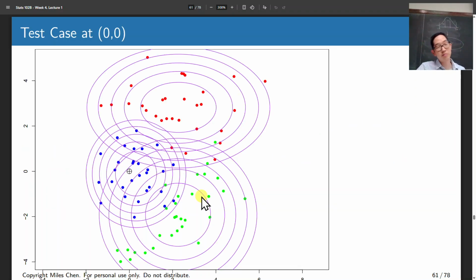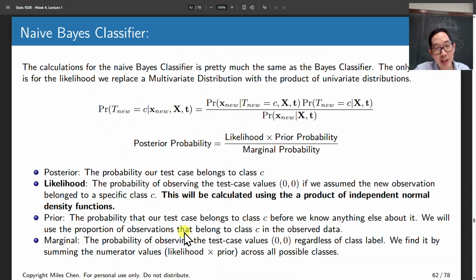Okay, so let's see what happens if we have a test case at 0, 0 again. How is this going to affect it? What ends up happening is we're still going to guess blue, but now the probability that it's green is kind of a lot higher.